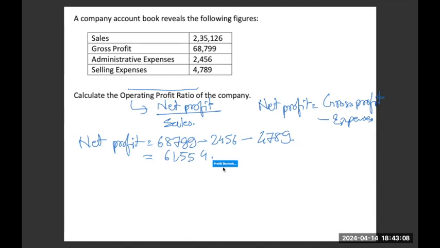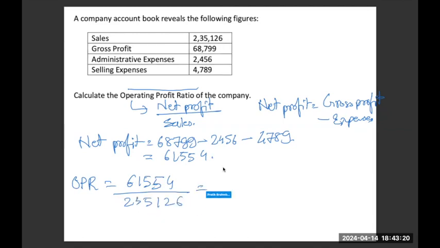And the operating profit ratio, or OPR, will be equal to net profit, which is 61554, upon sales, which is 235126, which is approximately equal to 0.26, or it can be 26% roughly. In this case, a ratio is asked, so we'll go with either decimal or percentage, whichever works. Okay.